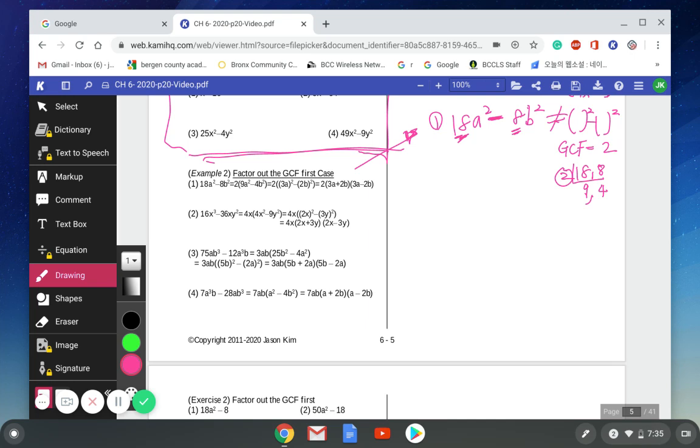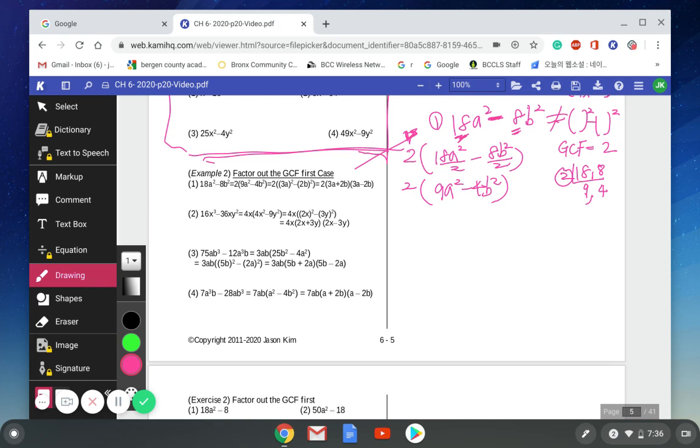So whenever there is a GCF, you take the GCF out and divide each term by the GCF. That's what we learned last video. And if you simplify it, you get 9a squared minus 4b squared. So you factored out the GCF.